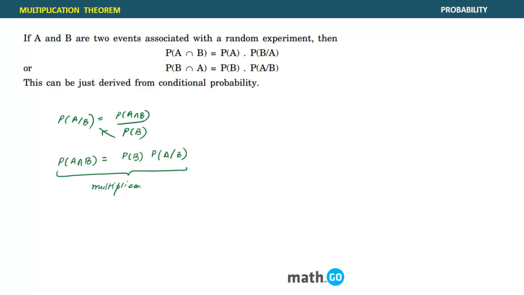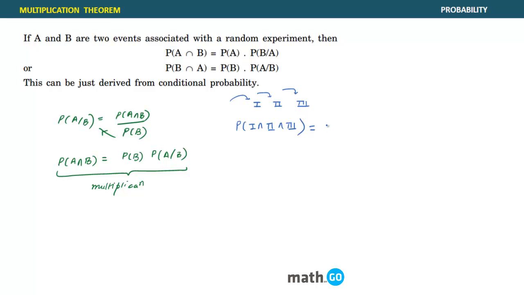Rather than understanding it this way, I like to understand this in this particular fashion. Let's say events are occurring in this fashion: 1, 2 and 3. The first event to occur is number 1, number 2 event, number 3 event. You want that all the 3 events should occur and you need to find its probability, right?